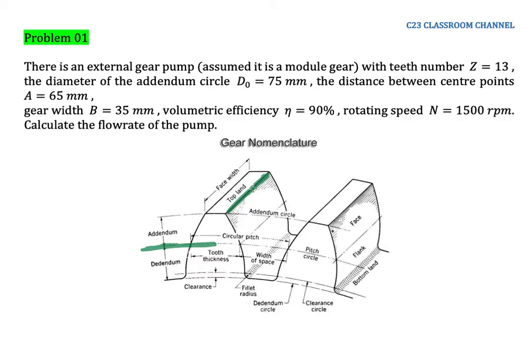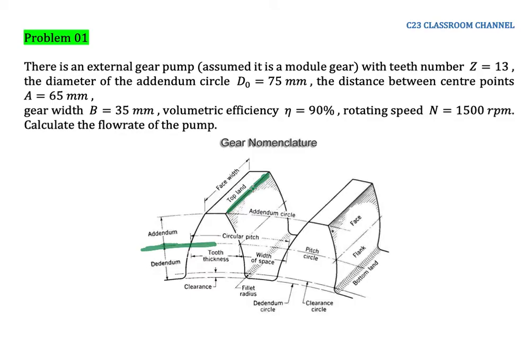Normally for gear pump and lobe pump, we are not calculating the efficiency. We don't have some kind of manometric efficiency or hydraulic efficiency, because normally in gear pump and lobe pump, the main purpose of this pump is actually to transfer liquid from one point to another point.